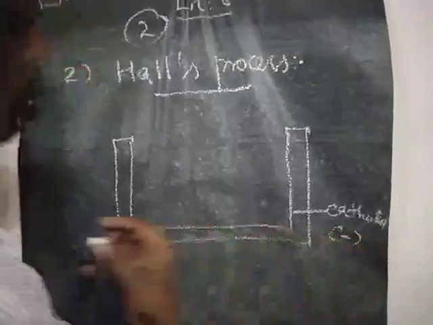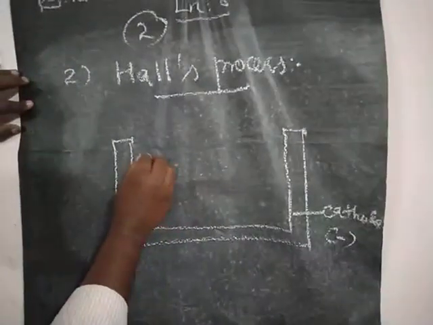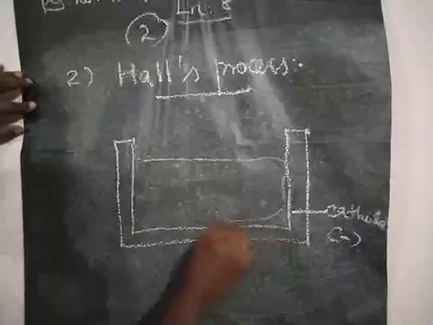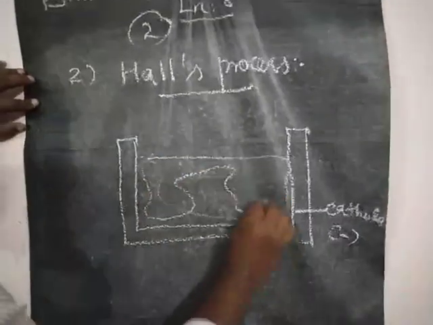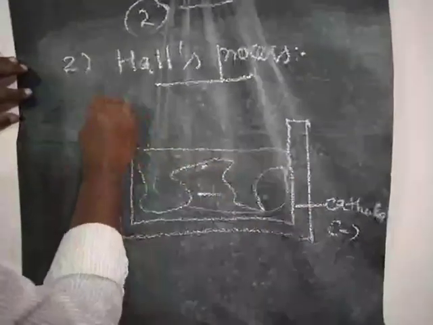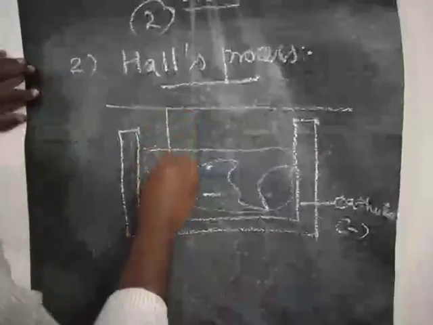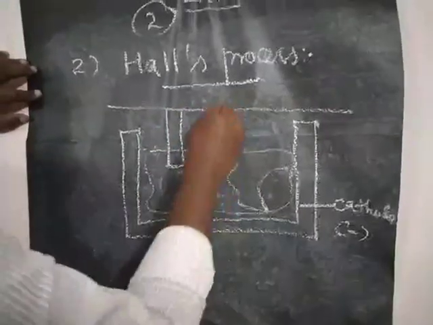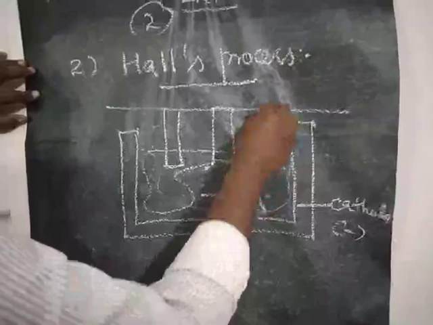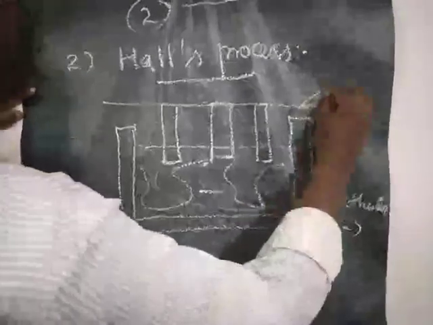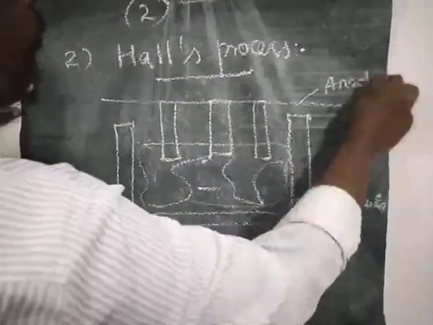Cathode means negative. Here we take the electrolyte solution. Here a graphite rod is suspended, and this one acts as an anode.